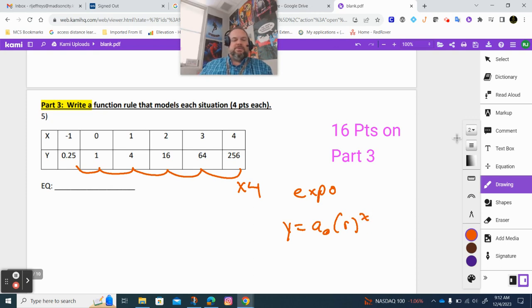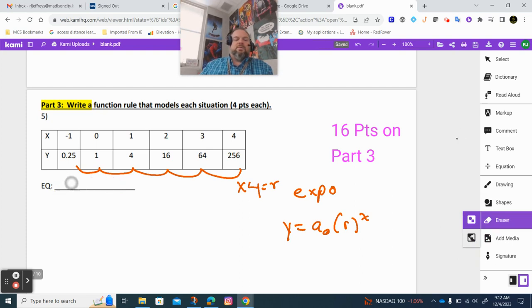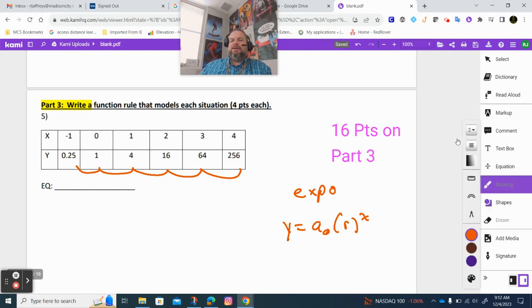So on our equation, well, this is our r. So it's going to be 4. What's our r? We are multiplying by 4 each time. So that is our r.